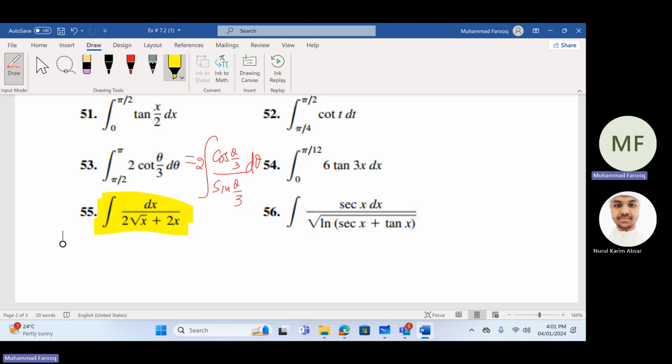Very nice. Yeah, 7.26. We are working on that. I have discussed two more, 55 and 56. 55 we have, now we are doing 56. And can I see the answer of 55? No, the 55 answer is here.